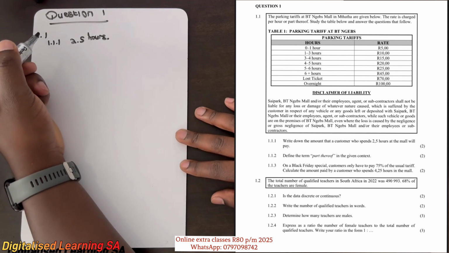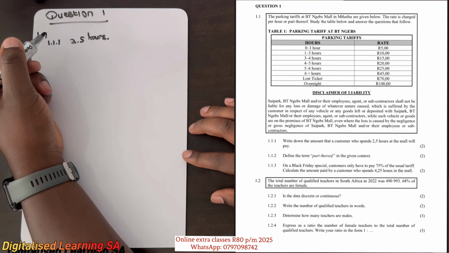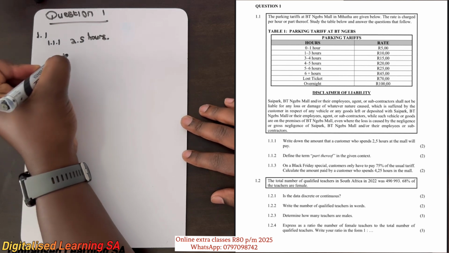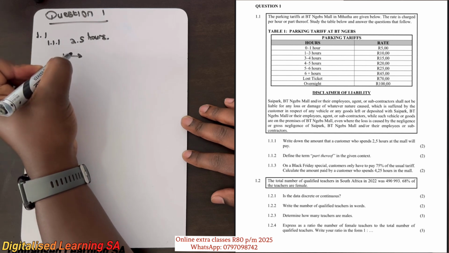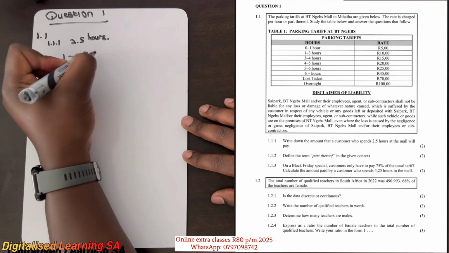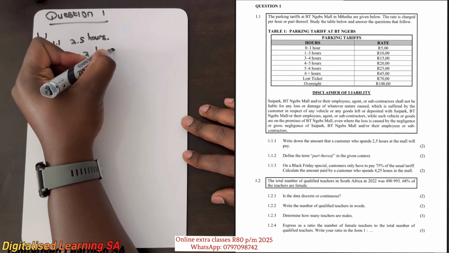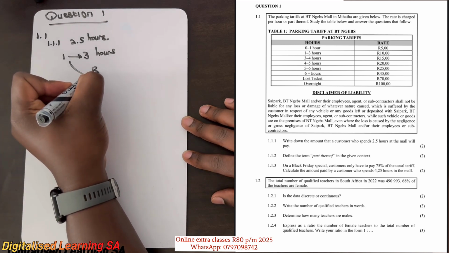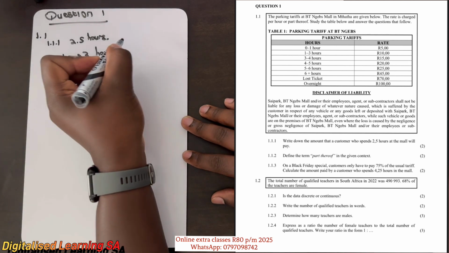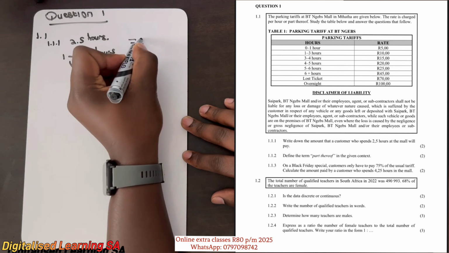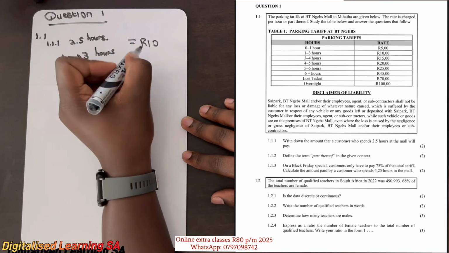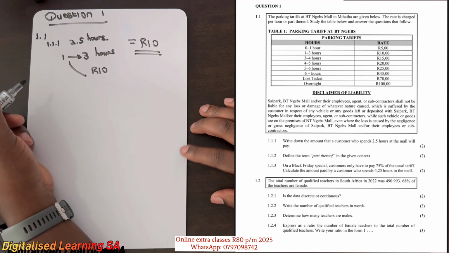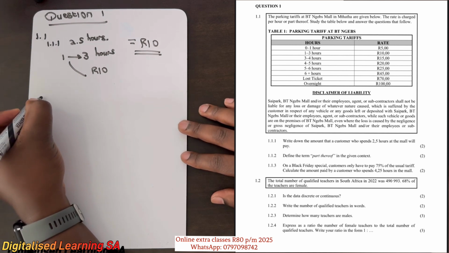If we check the third row, we can see that from 1 hour to 3 hours the rate is 10 rand, meaning that our answer is going to be 10 rand.